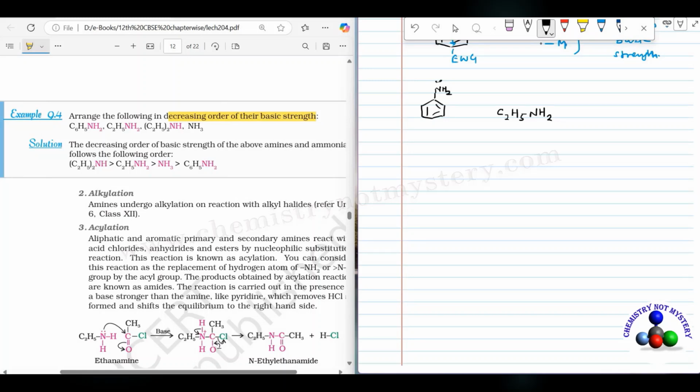Next one is diethylamine. This is (C2H5)2NH, C2H5NH and it is whole twice. And the fourth one is ammonia, NH3. So we know aromatic amines are least basic.